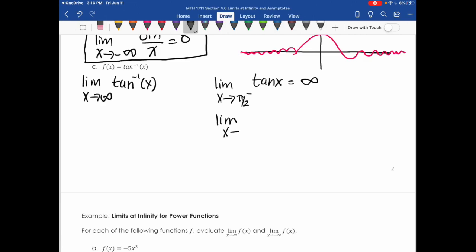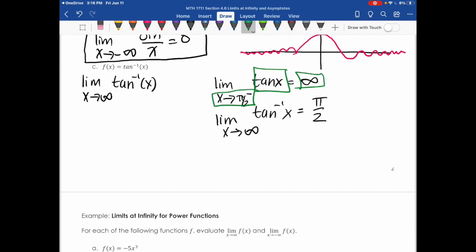Now remember, with inverses, we can switch the inputs and the outputs. So I can also say that the limit as x approaches infinity of the inverse tangent is going to be pi over 2.